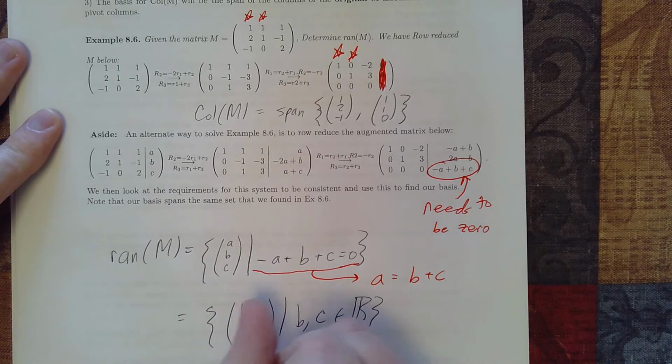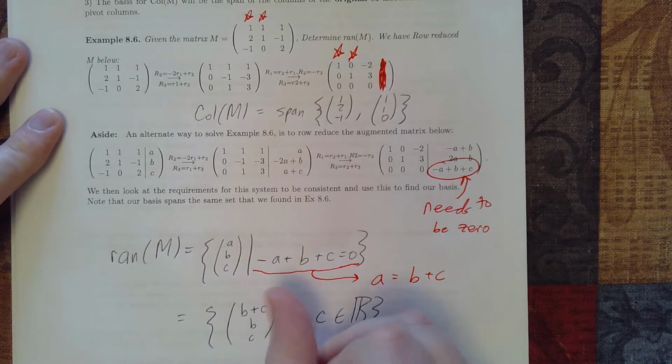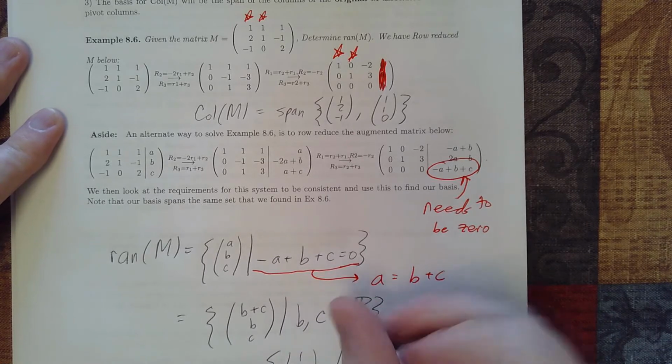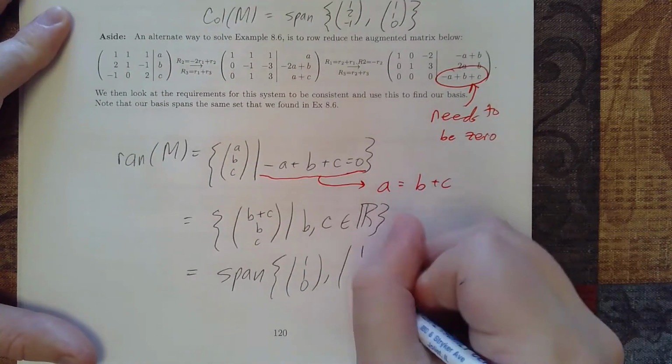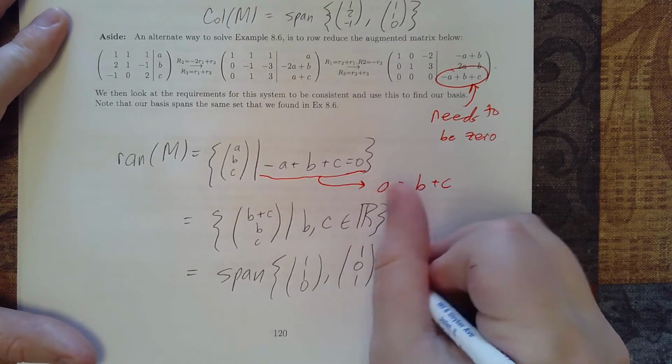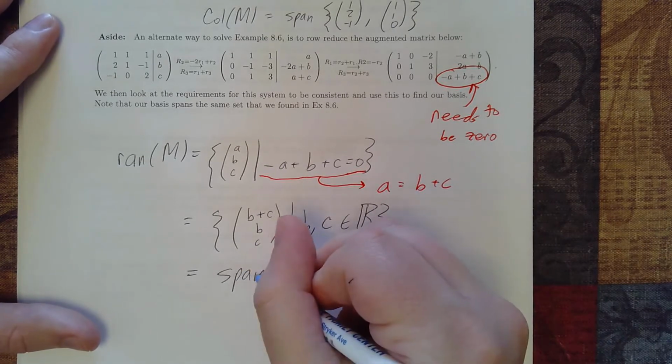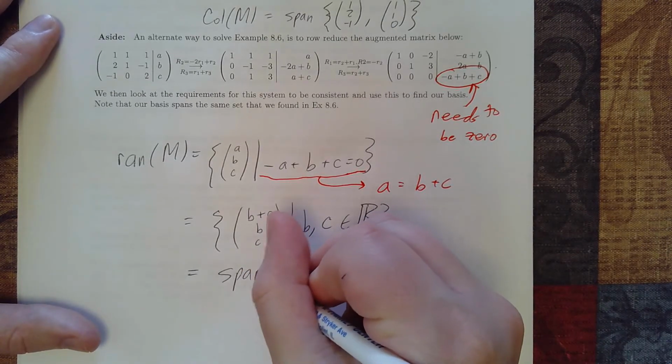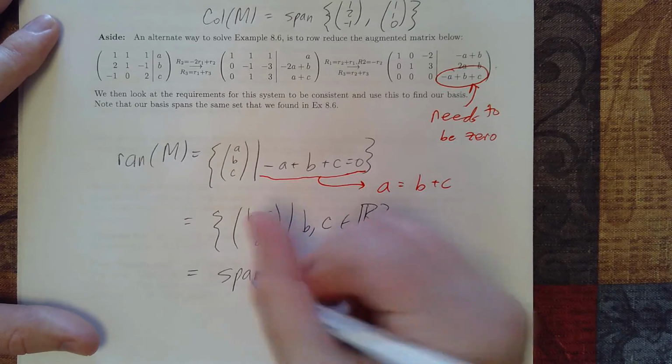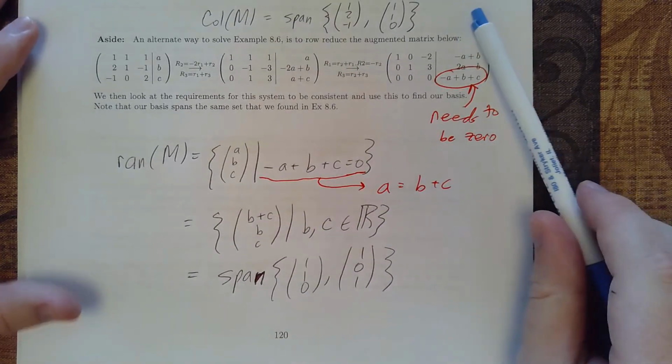And this will be the span of (1, 1, 0) and (1, 0, 1). So you might notice that this is a different spanning set than the one we had before.